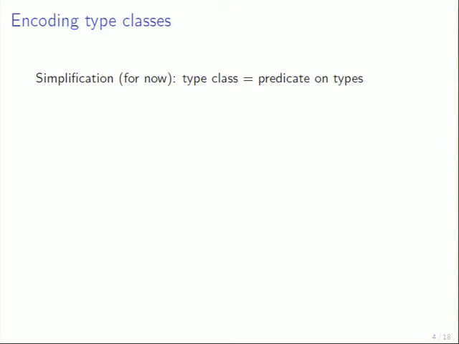Okay, so how do we encode type classes? As I said, we make a simplification here. We view them as predicates on types. And it's pretty easy. If we have an n-ary type class, then we simply encode this as an n-ary function to bool, the characteristic function of the relation that it defines.